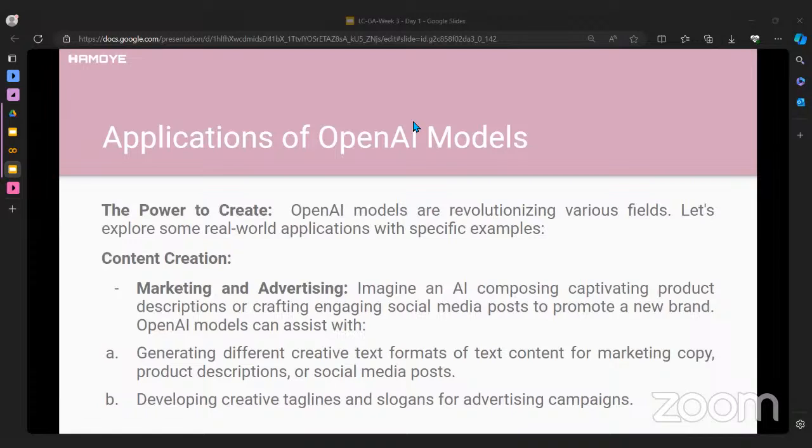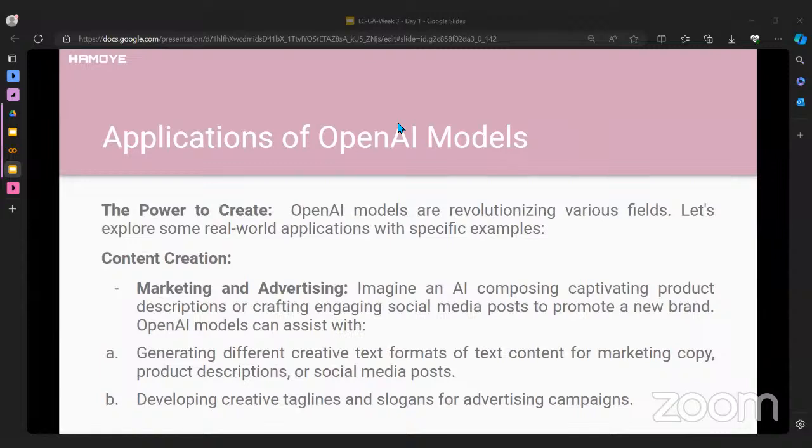We are going to be exploring how OpenAI models are transforming industry by enhancing creative and technical processes. These AI models are not just tools, they are partners that augment human capabilities in different fields. First, content creation in marketing and advertisement. I'm just giving a few scenarios of the many industries out there.